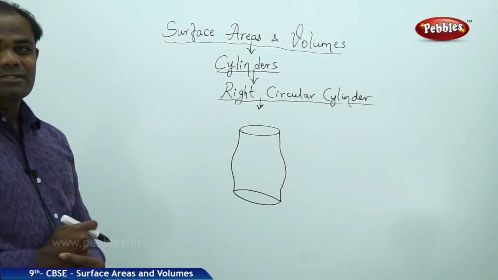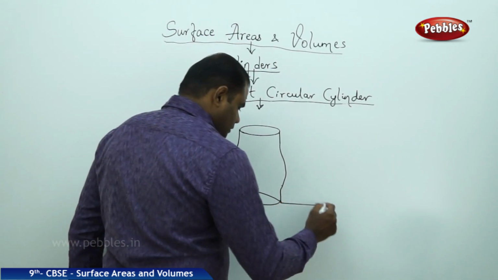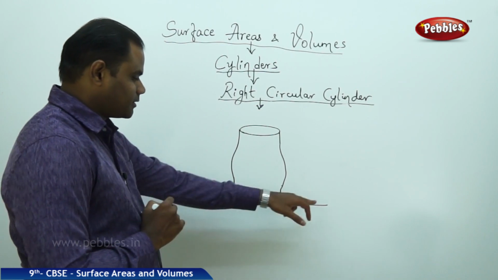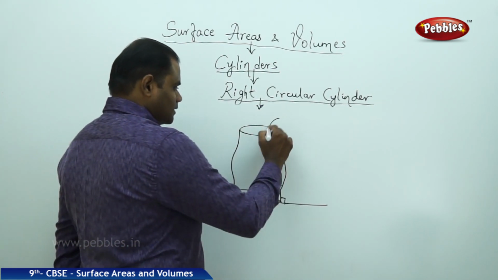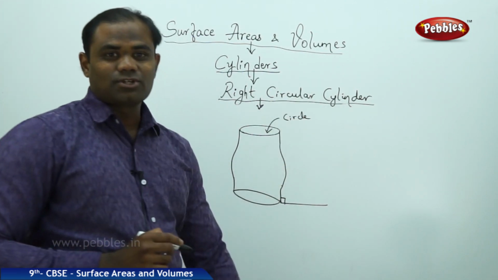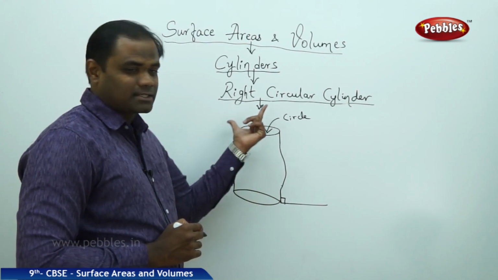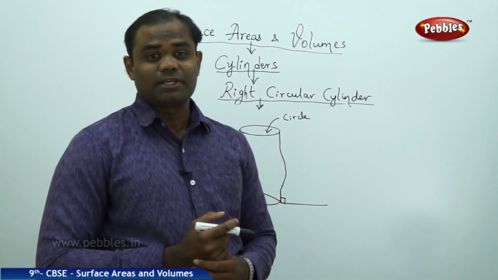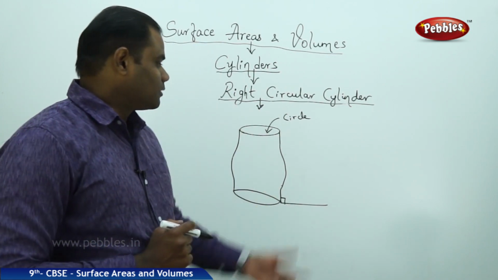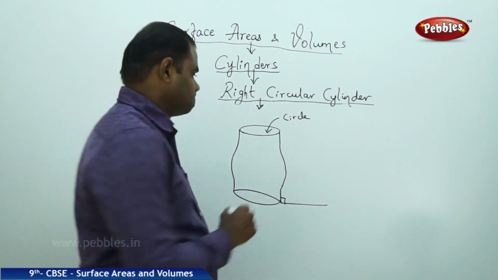This seems to look like a cylinder, but this is not right circular, though it is at 90 degrees from the ground. And though I see this at 90 degrees and I see this being a circle, still I say this is not a right circular cylinder, because each of the circles as constructed in the cylinder are not of the same size. So here it is very important to note that this kind of cylinder cannot be a right circular cylinder.